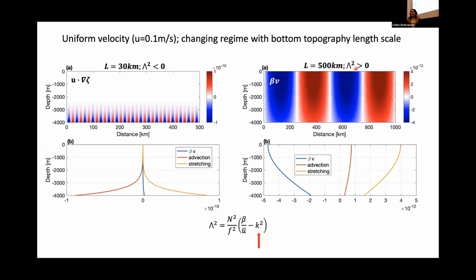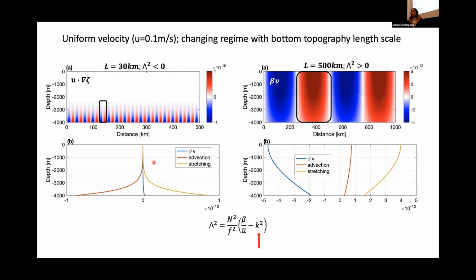positive lambda square. The upper panel plotted the vertical sections of vorticity terms showing their horizontal distribution. The rest of the vorticity terms in each case have exactly the same distribution, so they are not all plotted here. The small scale topography gave us this small decaying feature, which decays very quickly from the bottom up. In contrast, the large scale topography produces a large and relatively uniform patch of vorticity terms.